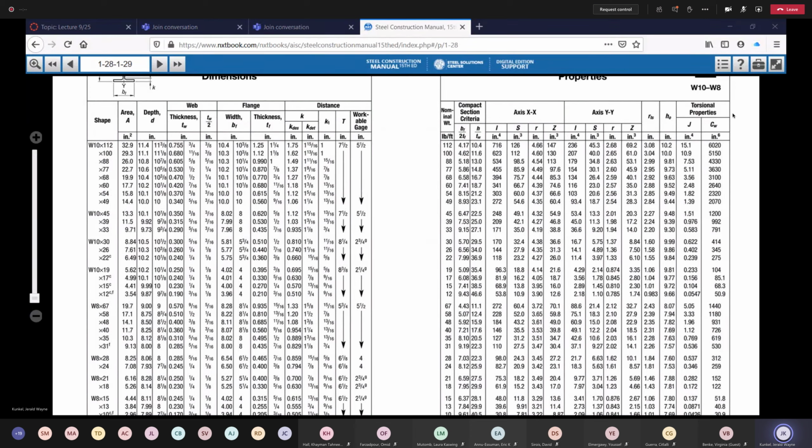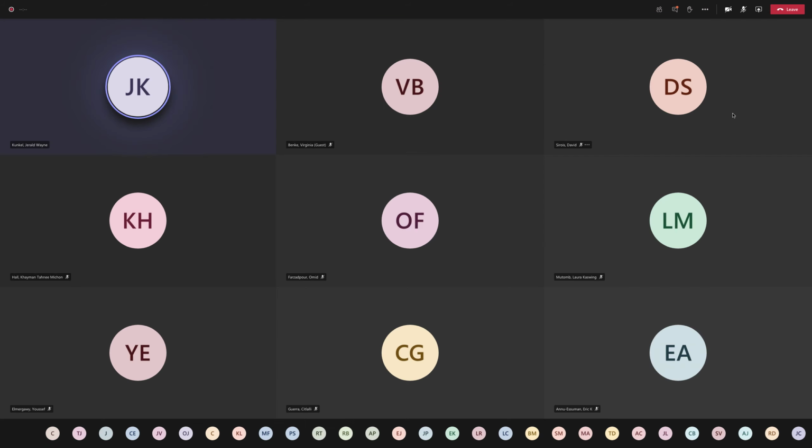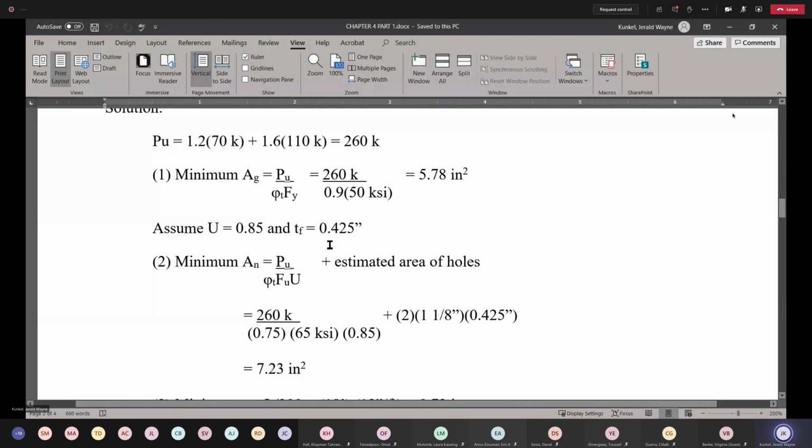Why do we care? Well, we care because we have to make an estimation of what the minimum net area is going to be for our member. So if we say the thickness of the flange was 1/4 of an inch thick or 1/2 an inch thick or somewhere in between, let's estimate what the minimum net area is.